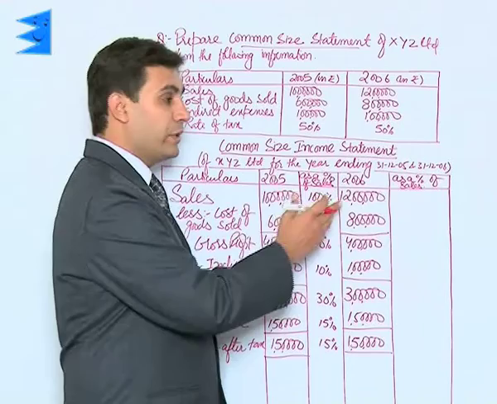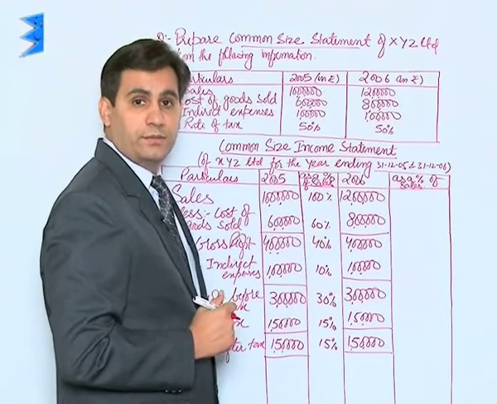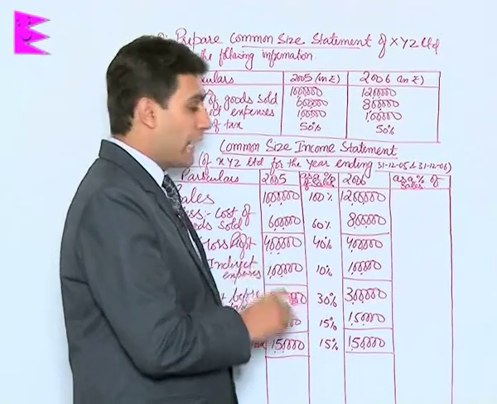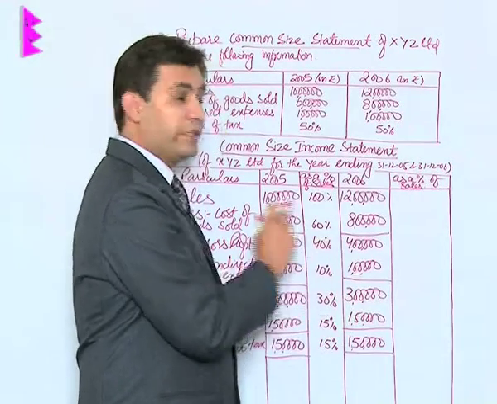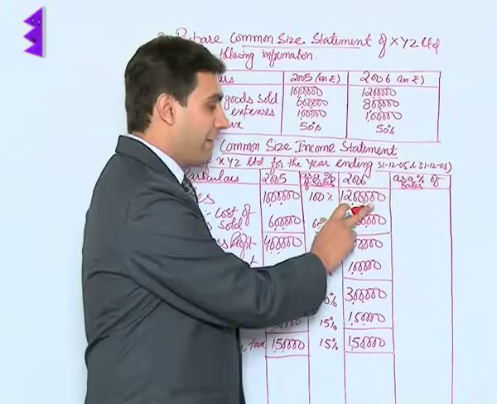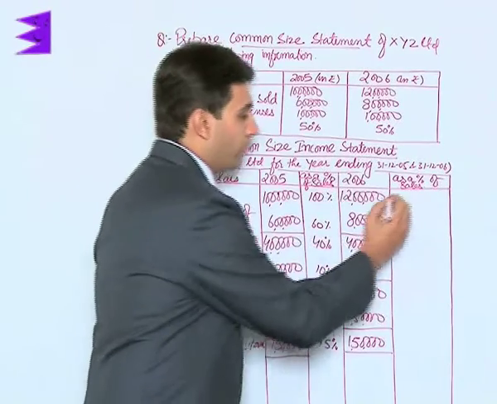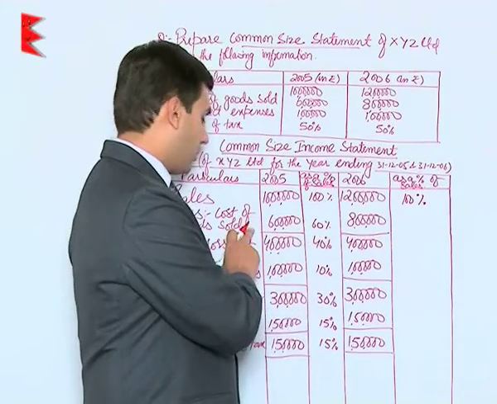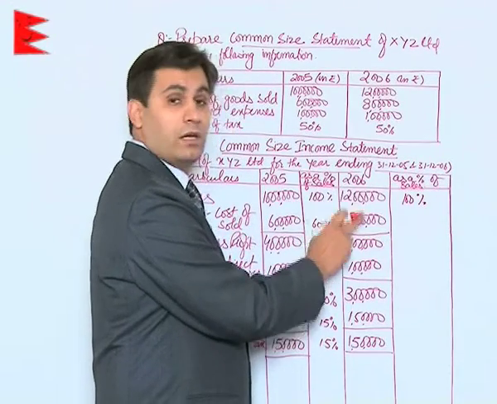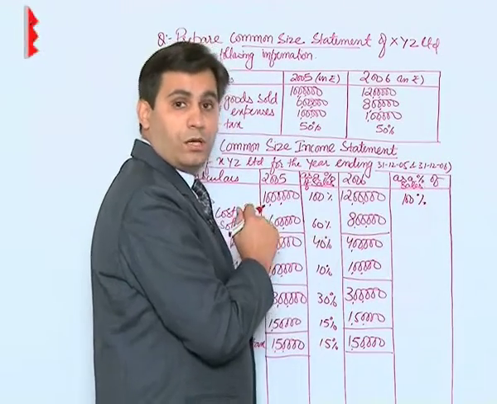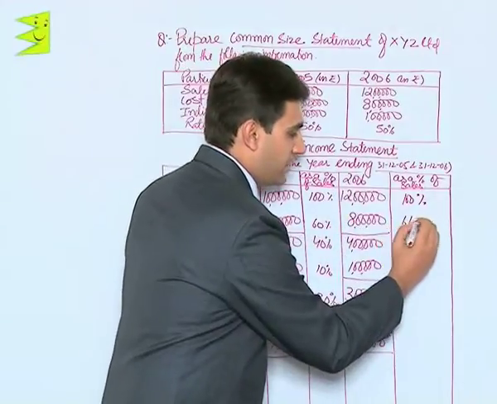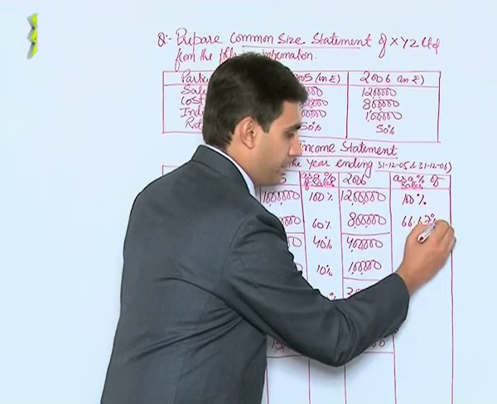Now coming to year 2006. For year 2006, we'll take net sales as base. So that means all the figures would be converted into percentage, taking 12 lakh as the base. So the first would be 100%. The second, that is the cost of goods sold, would be 8 lakh upon 12 lakh into 100, which comes to 66.67%.